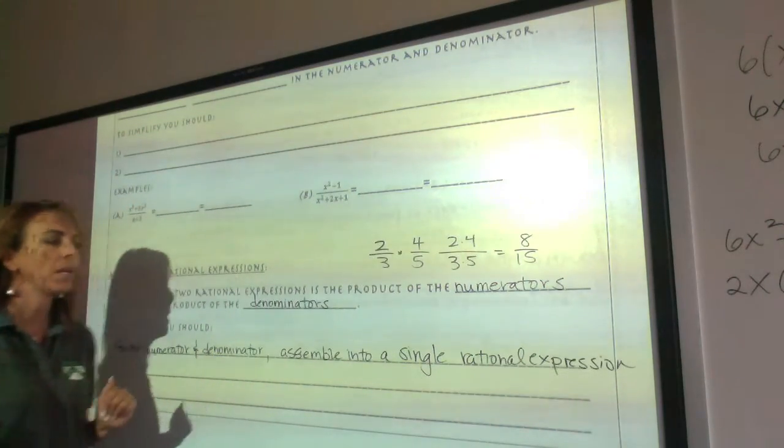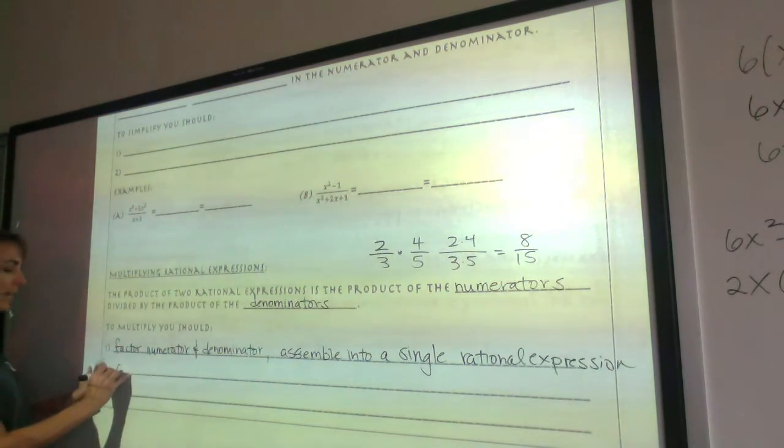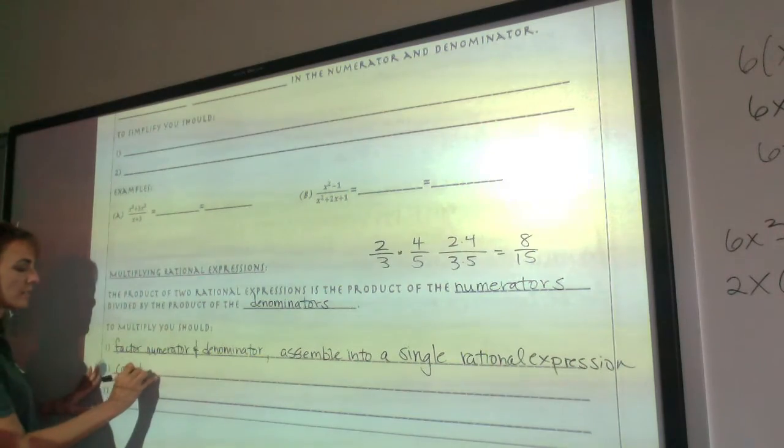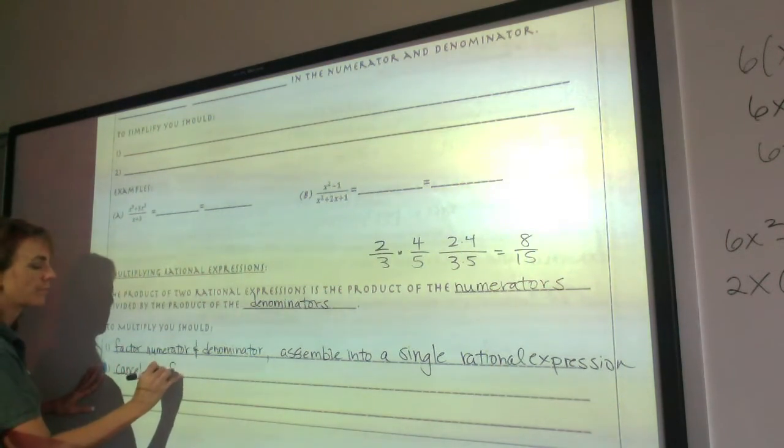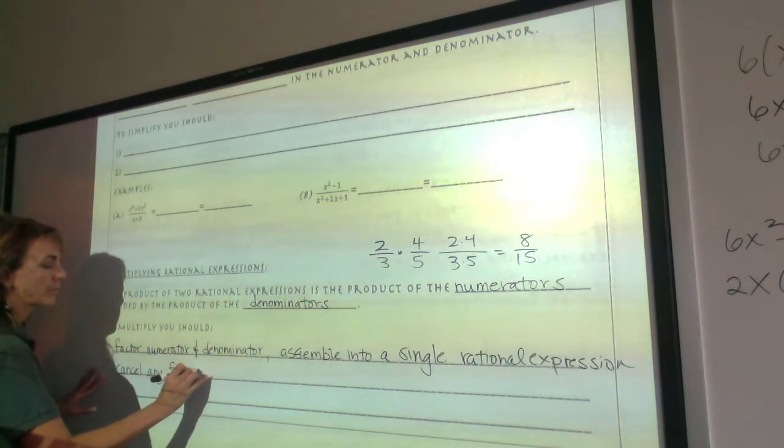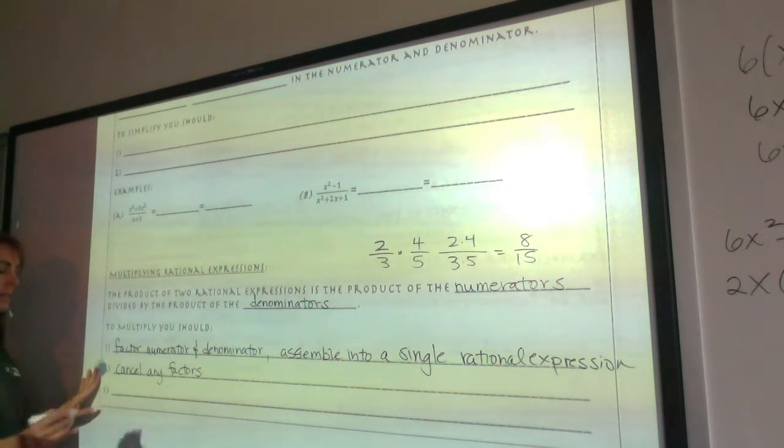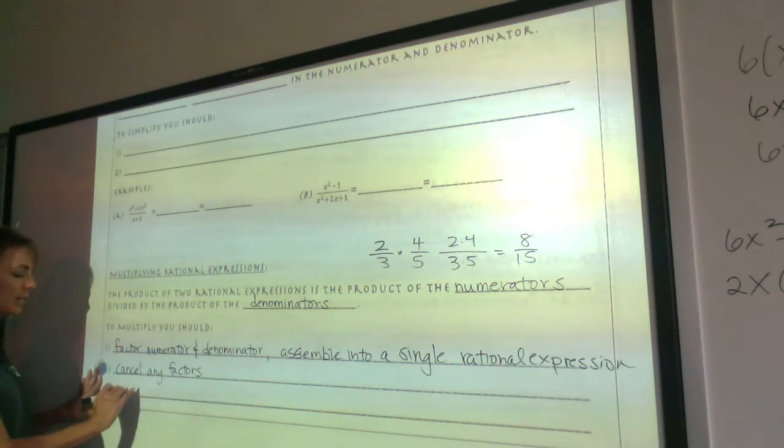Okay. And the next thing we're going to do is we're going to cancel any common factors. And the last thing we're going to do is then multiply anything that remains.